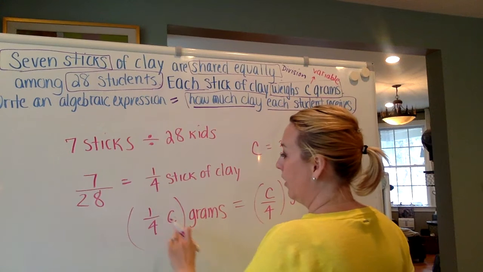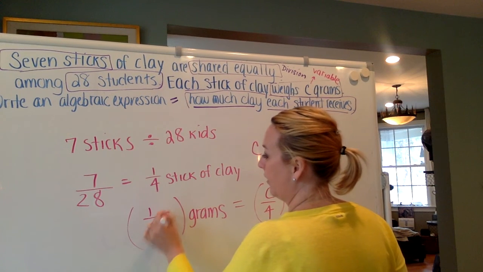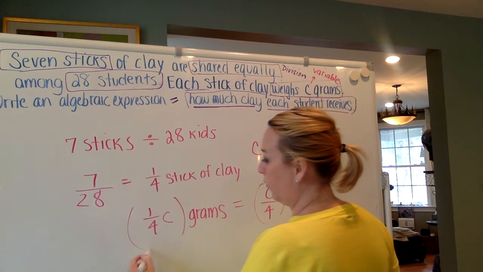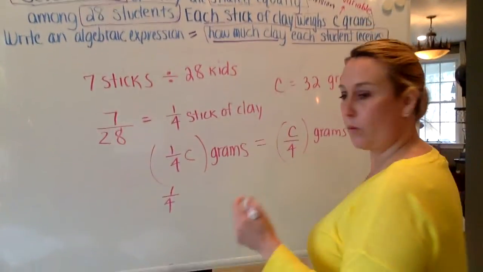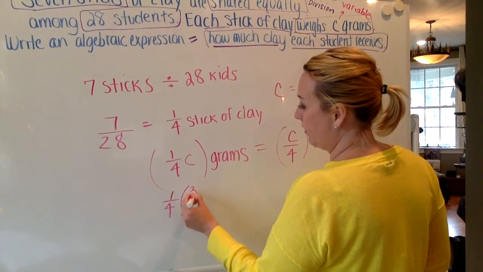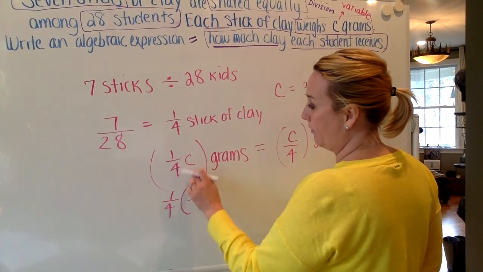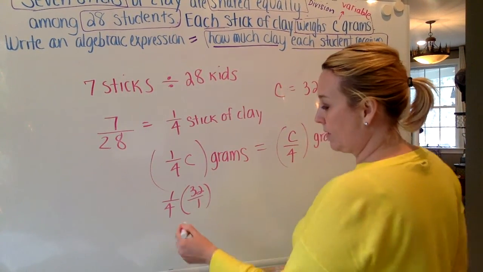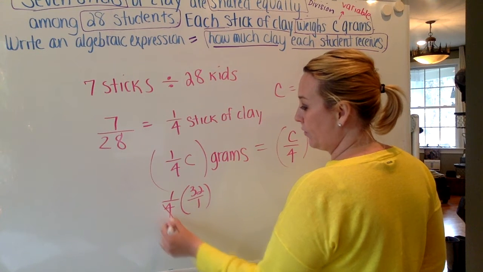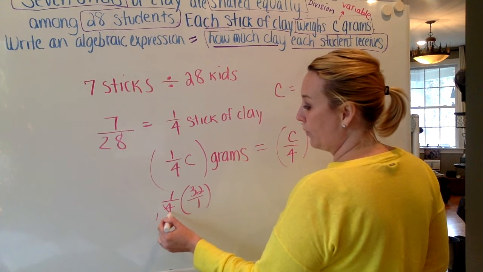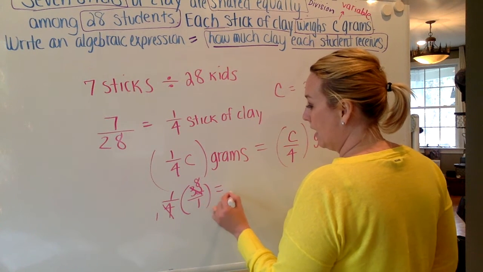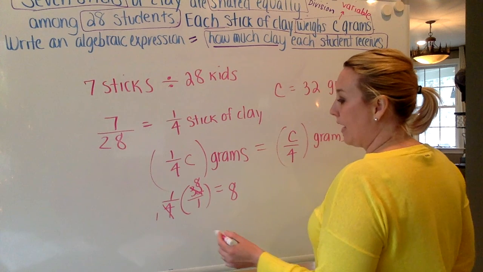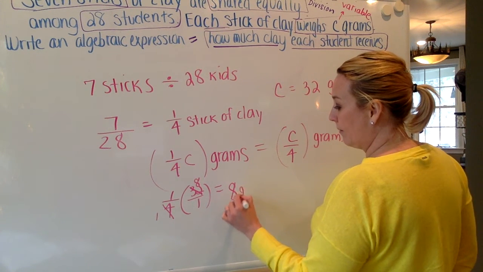Actually, I want to keep this so you have your final answer here. 1/4 times 32. Again, I'm substituting 32 for C, just to prove if my expression works. I'm going to cross simplify. 4 divided by 4 is 1. 32 divided by 4 is 8. This would mean that each kiddo would get 8 grams.